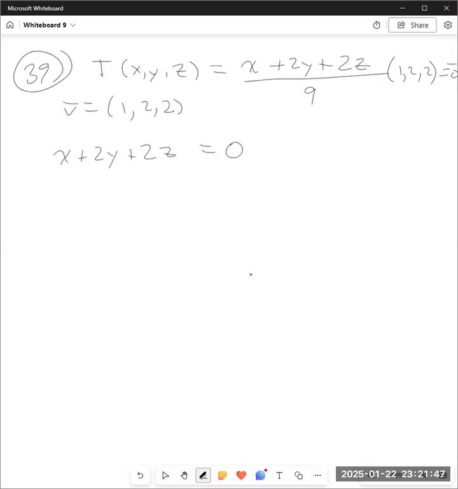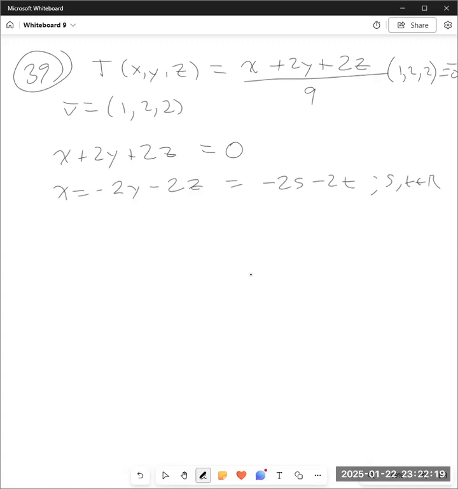So that means that we have to have 2 free variables. So x is equal to, for instance, negative 2y minus 2z. So these are, say, s and t here, with s and t being real numbers.